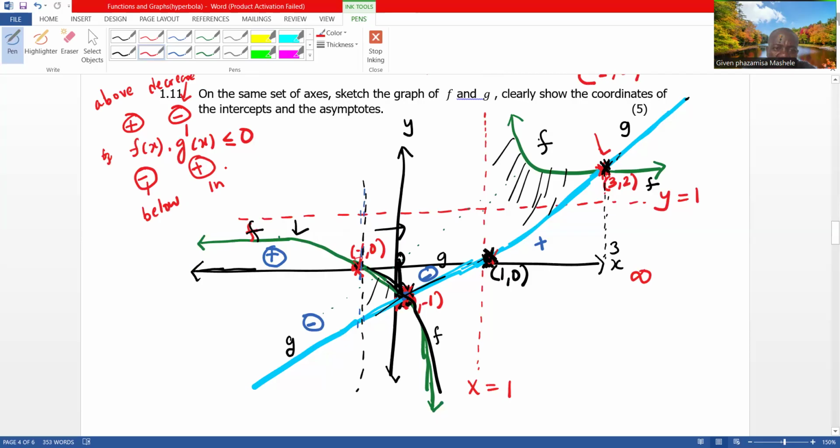So let's first look at the graph of g. The graph of g is actually increasing throughout, from left to right.